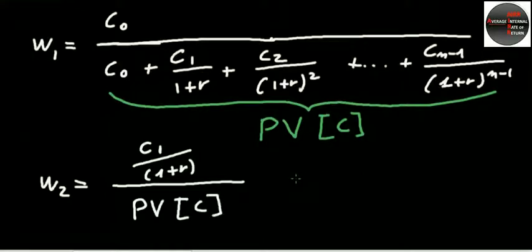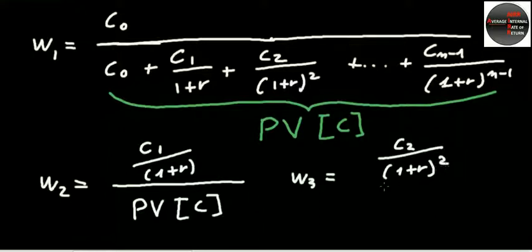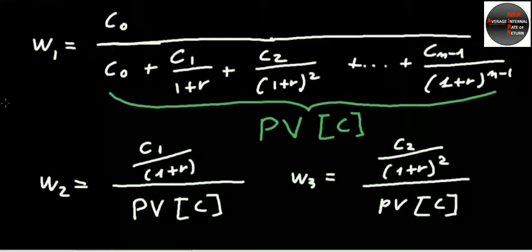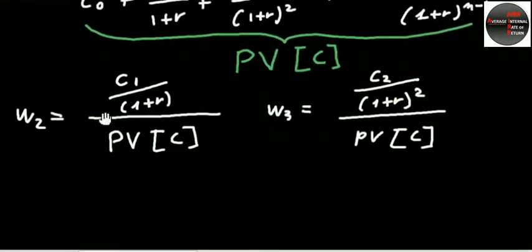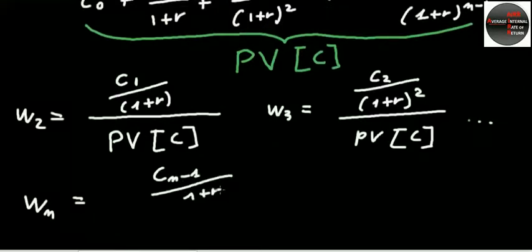And the third weight is similar. The third weight is the second capital invested discounted by two periods divided by the total capital invested, and so on until the last weight Wn, which is the last capital invested, C of n minus 1 discounted by n minus 1 periods, divided by total capital.